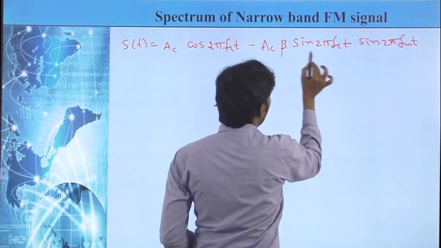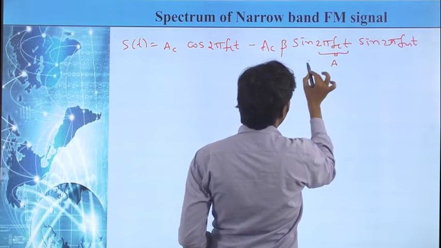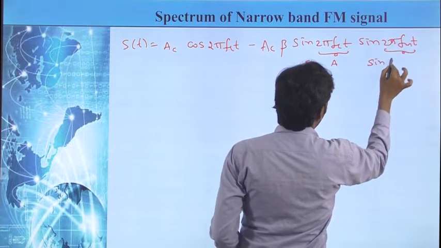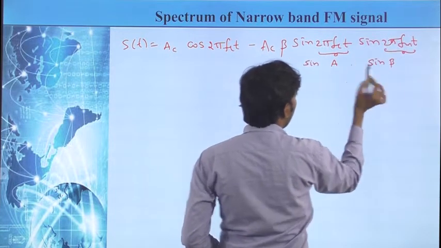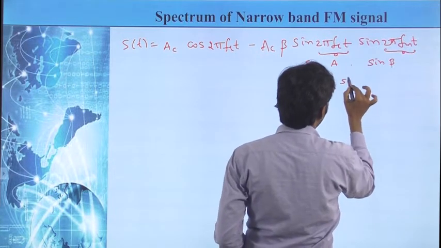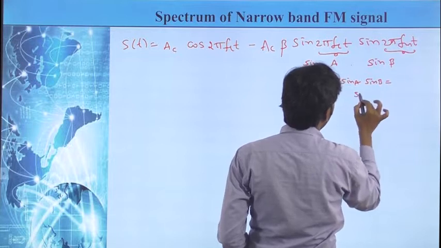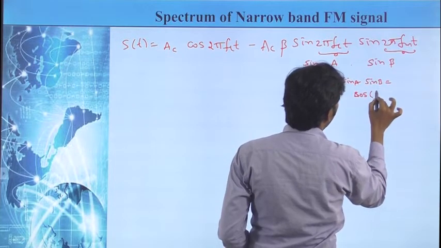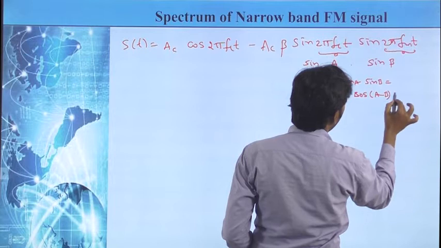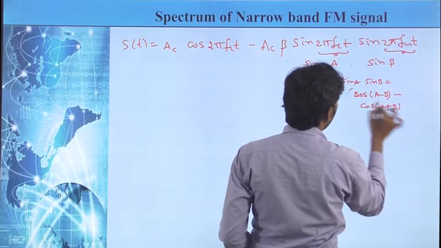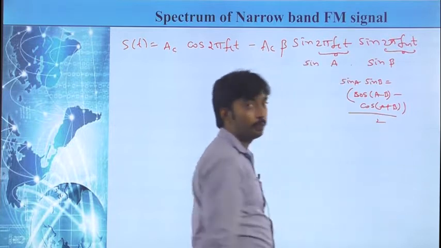Now this is looking like sin A and this is looking like sin B. The sin A sin B expression is equal to cos of A minus B minus cos of A plus B, total by 2.